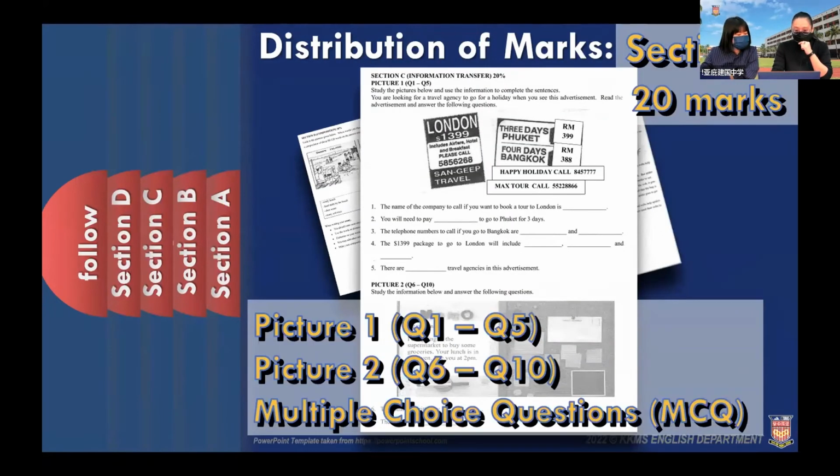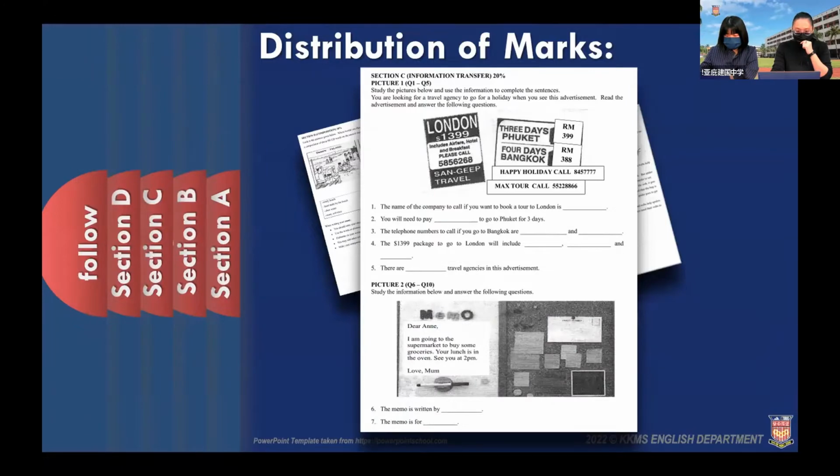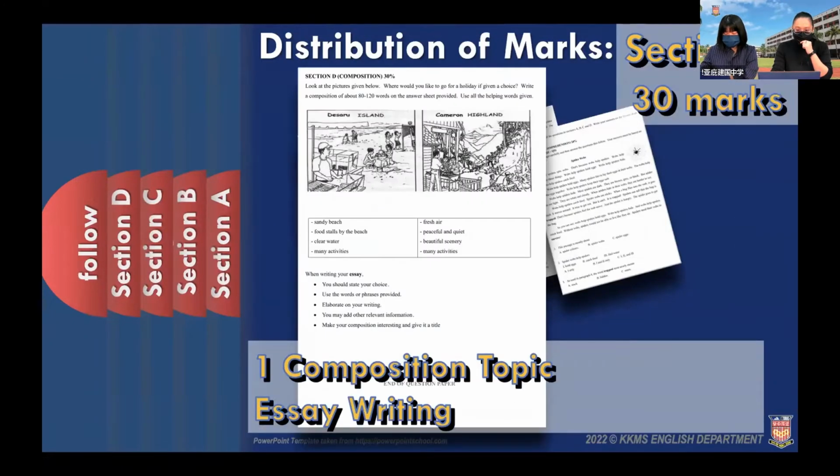This one is information transfer. You will have to look at the images and then fill in the blanks. Carry on. Going to the final section. The final section here is all about writing because it is composition, which means essay writing.